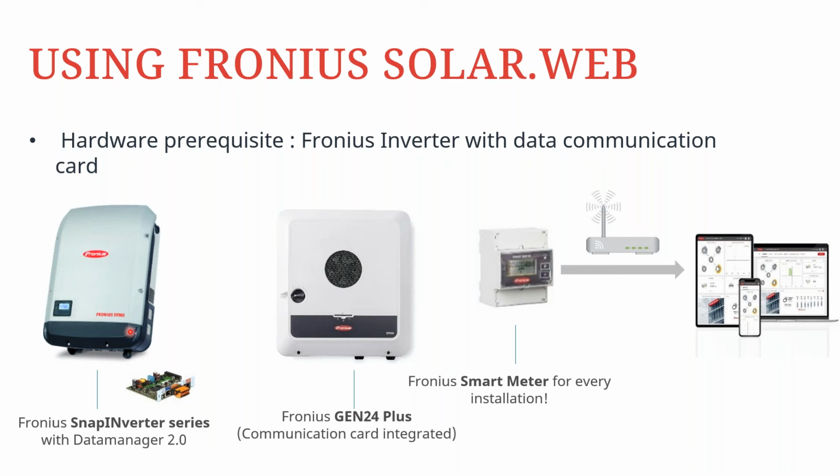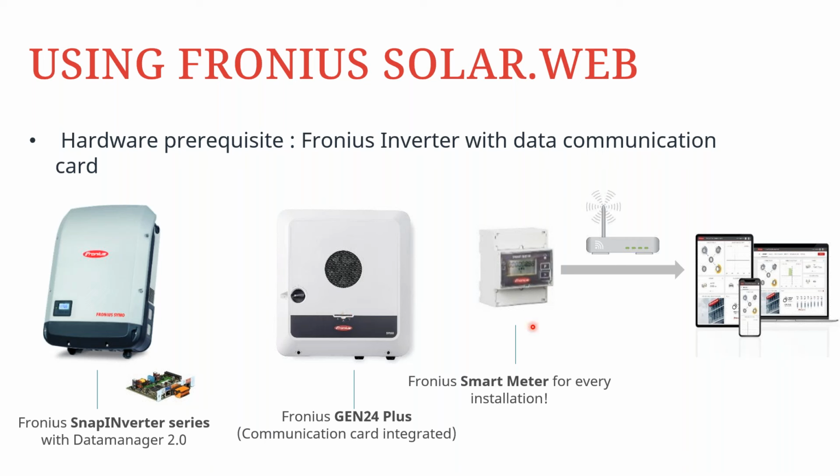position. Okay. Now for the Gen 24s, the Gen 24 Plus, and the Tauro, they are all ex-factory installed or integrated with the Gen 24 with the Pilot card. With this card, of course, you can communicate seamlessly with the inverters in the system.